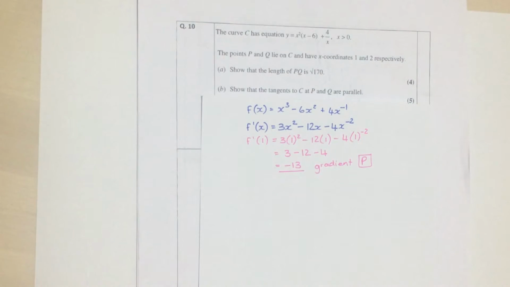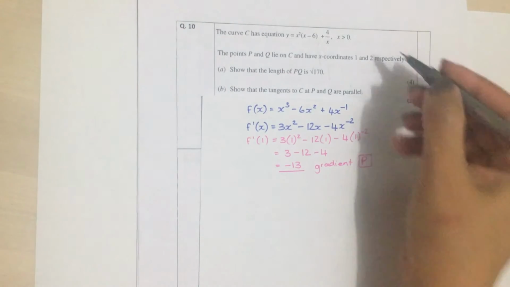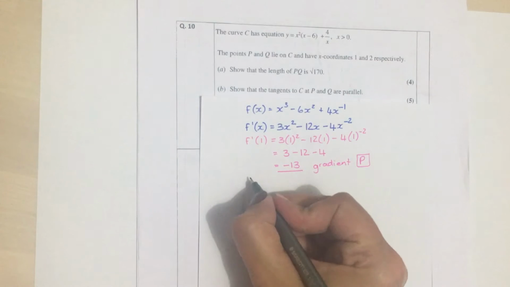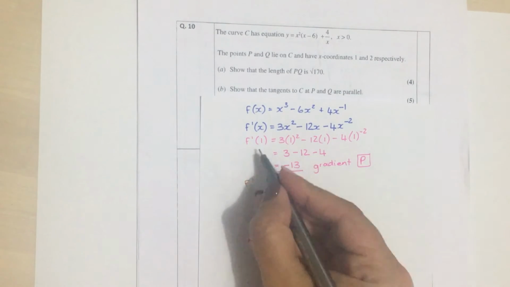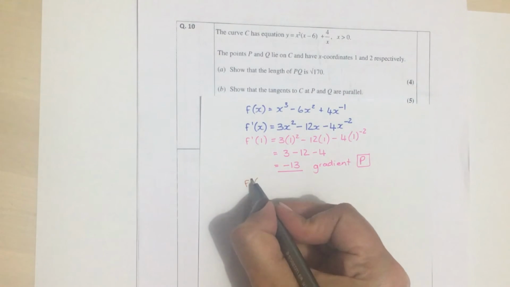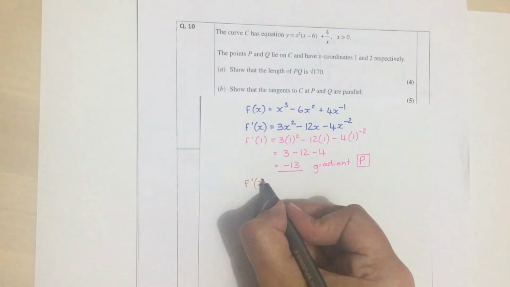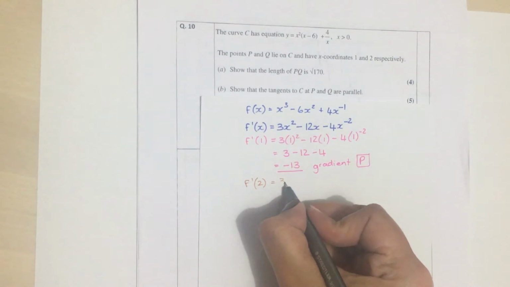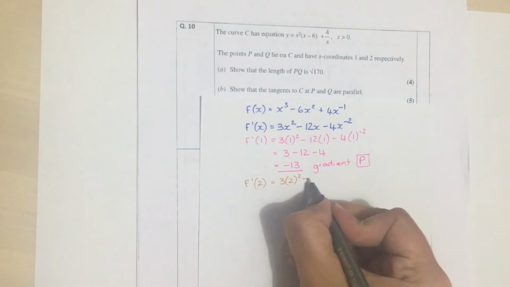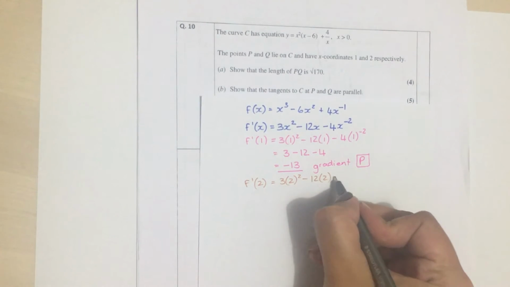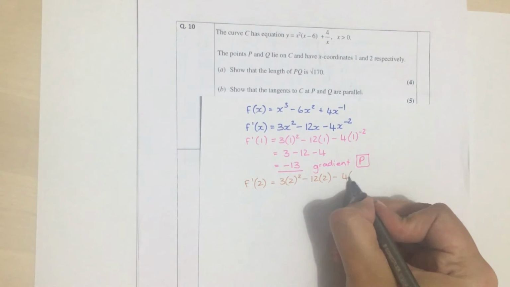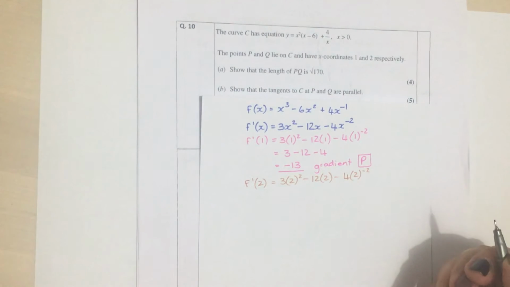Now we substitute the second set of 2 into the same equation. So the derivative of f of 2 will be 3 times 2 squared minus 12 times 2 minus 4 to negative 2.